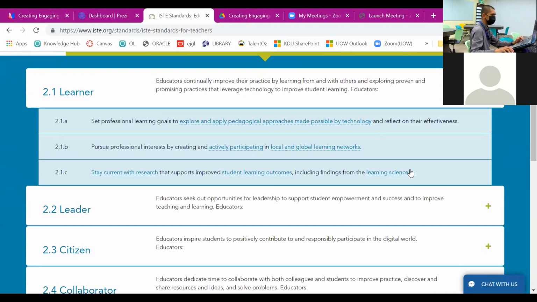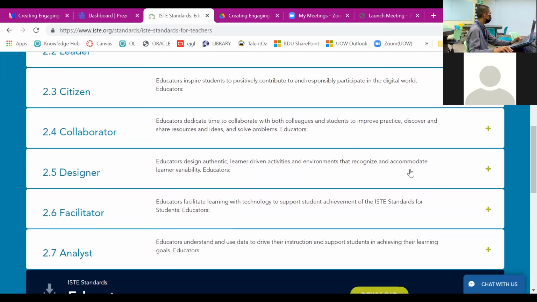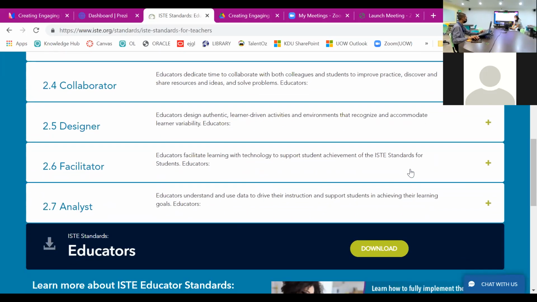You can actually expand it for the sub-standards for each standard. Okay, so what I want you to do is to go through this. I'll give you time to go through this and then answer these questions here.